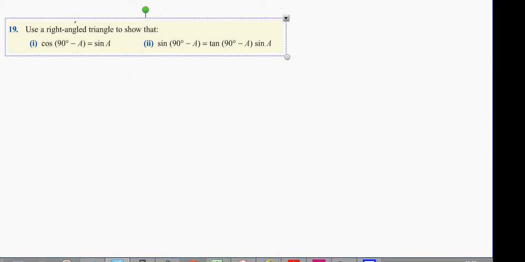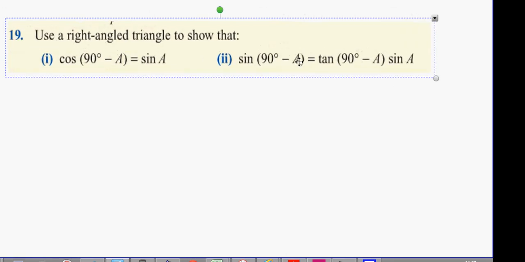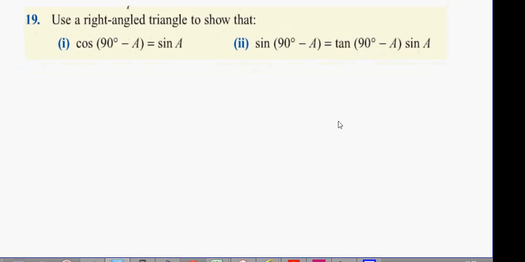Next one. Use the right angle triangle to show that cos 90 minus A equals sine A, and sine 90 minus A equals tan 90 minus A sine A. Now, guys, once again, just get a right angle triangle. Label something A, and then think of three letters.